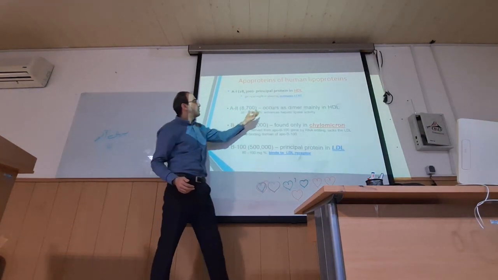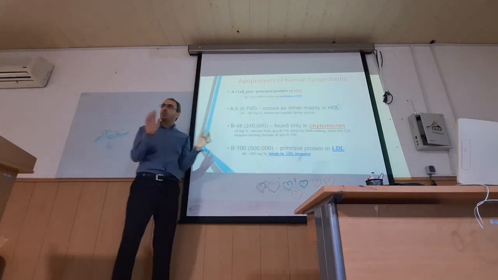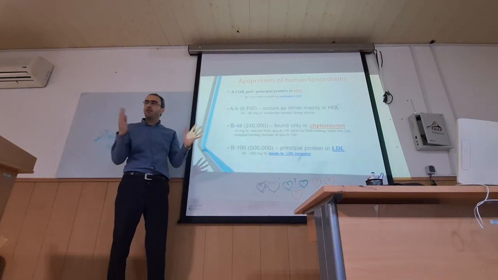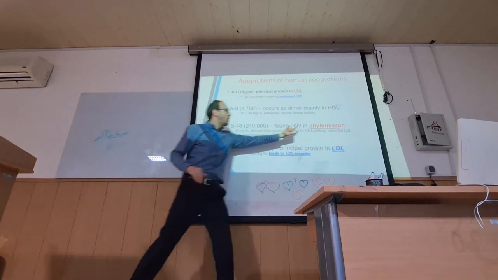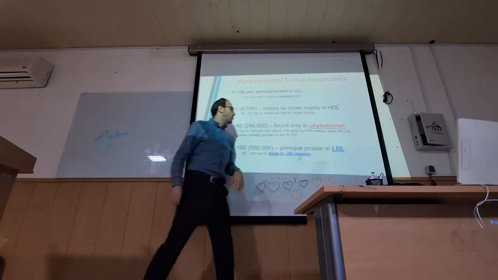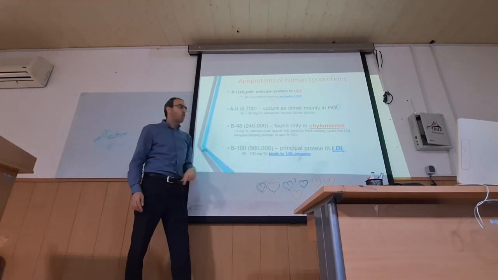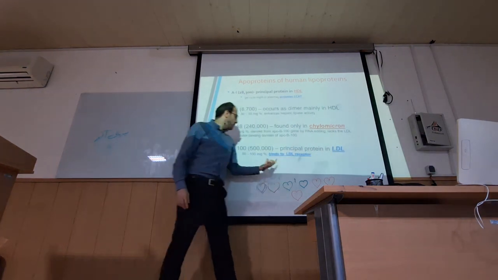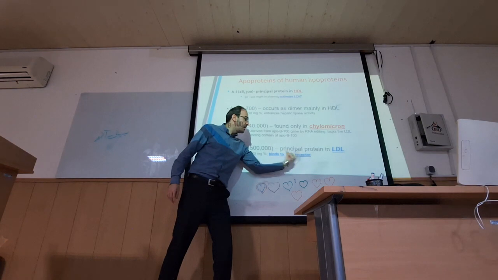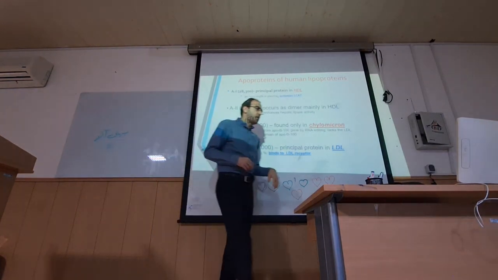A2 actually occurs mainly again in HDL, just that. These points I mentioned are important, not the others. ApoB48 is found only in chylomicron. ApoB100 is the principal protein in LDL, and it is actually a ligand for the LDL receptor.